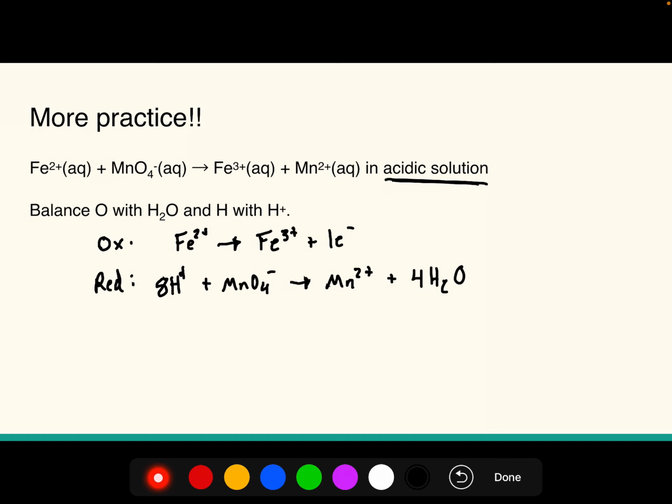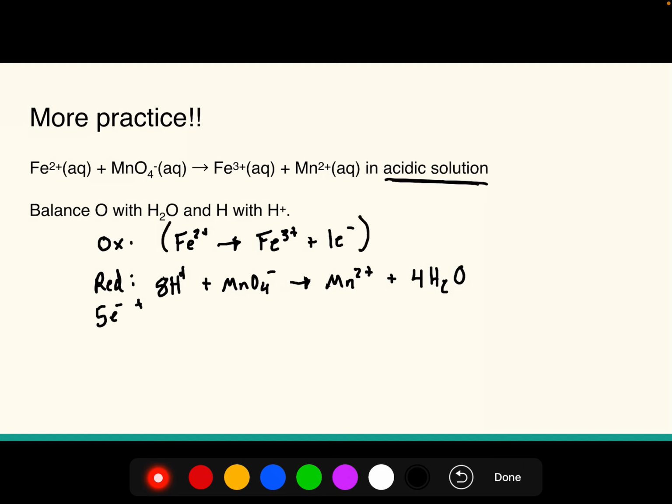Now my hydrogens, oxygens, and manganese are balanced, so I just have to worry about the charge. On the left side I have a total of +7. On the right side I have a total of +2. So I have to add 5 electrons over here, and now the charge will be equal.